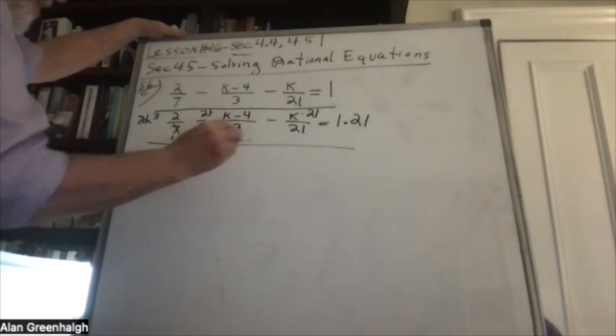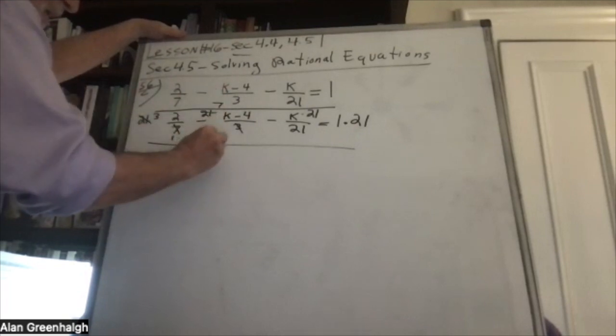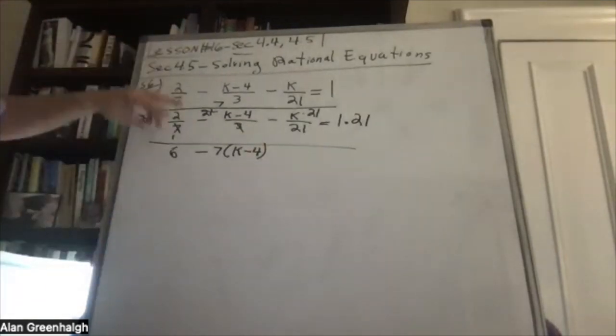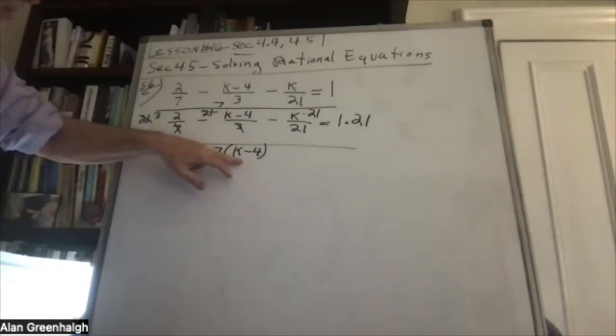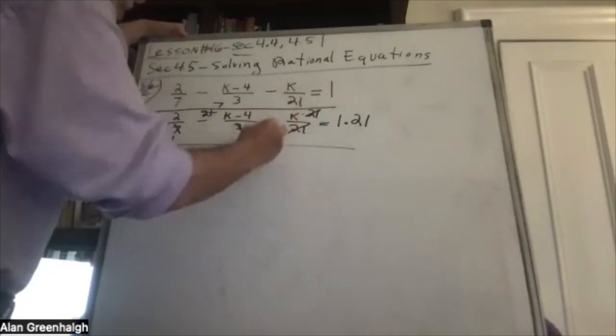Minus. Now be careful here. 3 into 21 is 7. And that's where the 7 goes. And don't forget there's a minus sign over here. So I could see problems over here. I could see what could happen there. Both of those drop out.